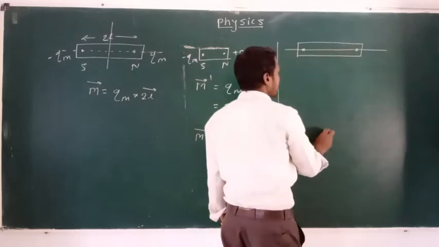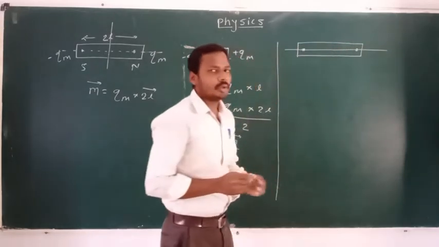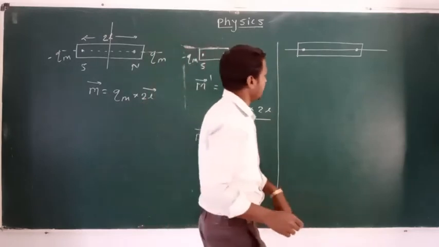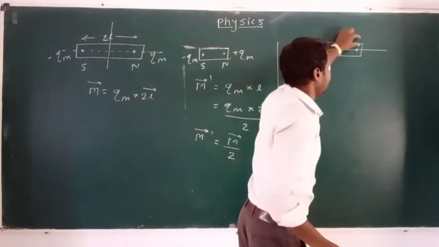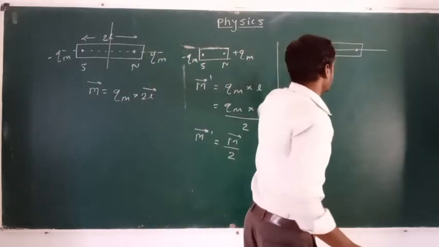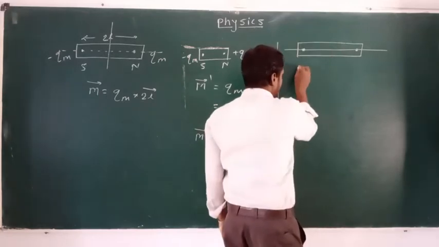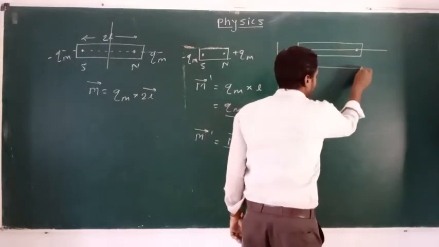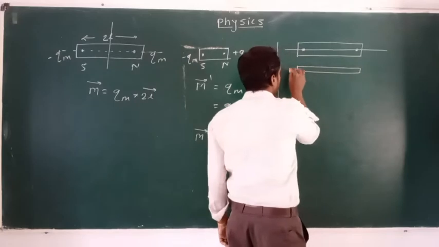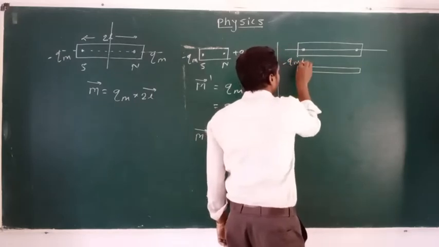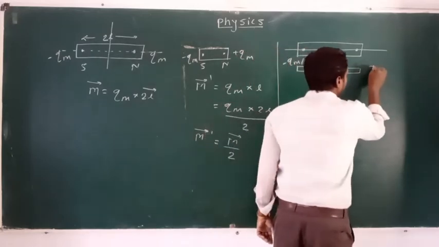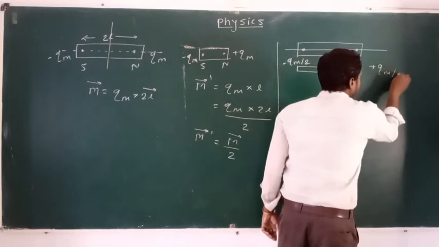Then the pole strength is divided into two parts, but the magnetic length remains the same, that is, the newly formed bar magnet has pole strength minus qm divided by 2 and plus qm divided by 2.